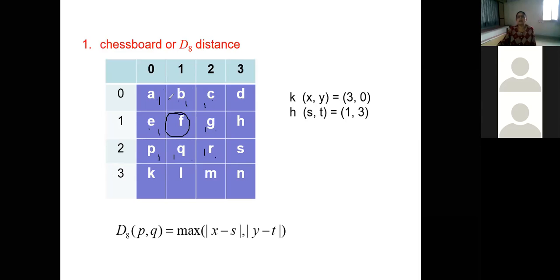That's why the name is also D8. Okay, this chessboard method is also known as D8 method. Is it clear why it is also named as D8 method? Hope it is clear to you.